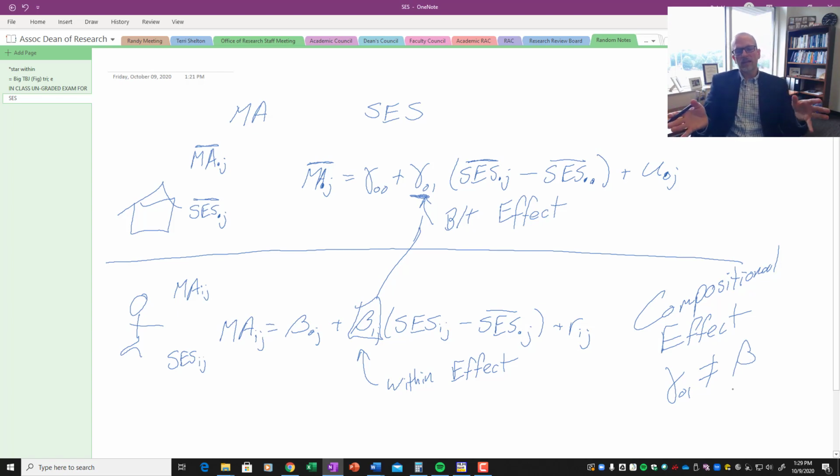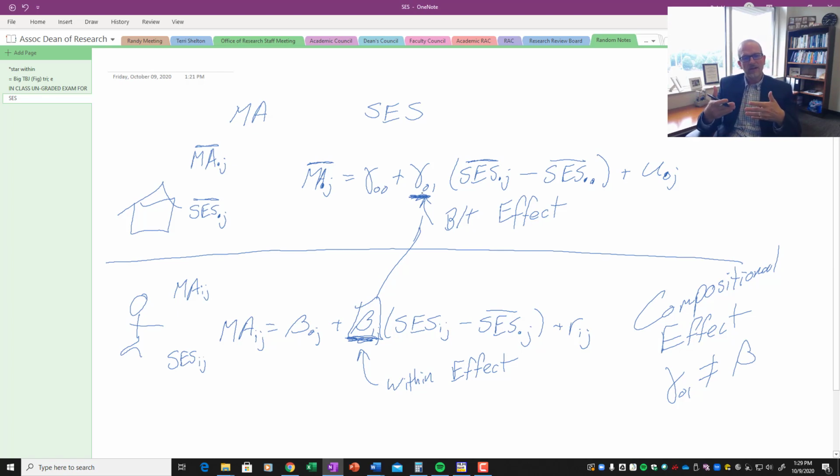Now again, the notation I'm being sloppy with, it's the concept here that I want you to take down. It's the idea that if we're comparing students who differ by one unit in socioeconomic status, we would expect them to be different by beta. And if there is no difference, then my gamma should describe the exact same change.